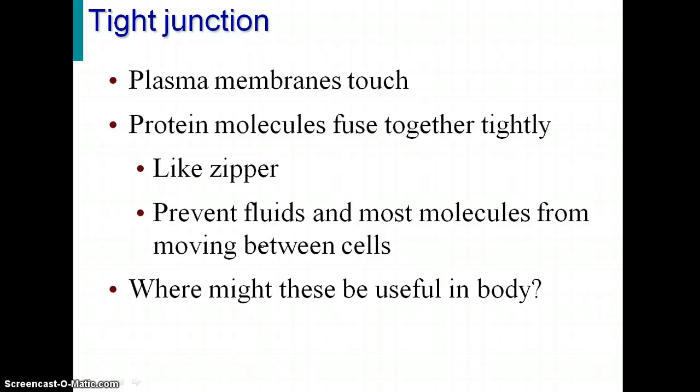So where might these be useful in the body? Areas like your small intestine that's filled with digestive juices from your stomach and from your liver and your pancreas. You don't want those getting out into your blood.